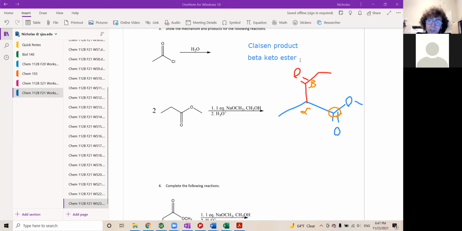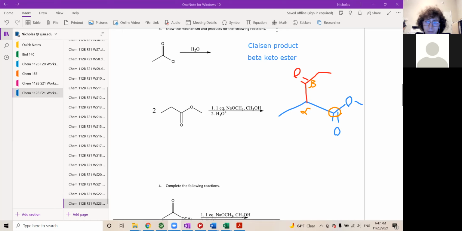So this is just good to be aware of, because if you have that in mind, it's kind of like cheating, like you have a rough idea of what the product should look like. So it makes it easier to figure out what it should be if you know the ketone should be beta to the ester. And we'll have a bit of practice with that on the next question.